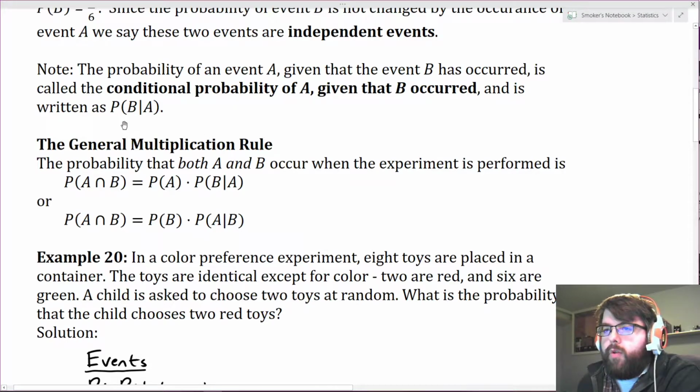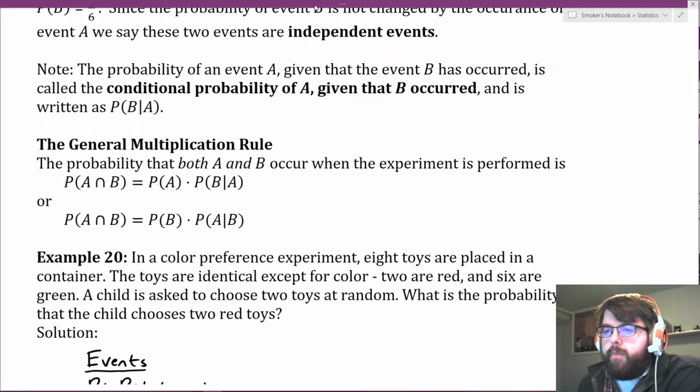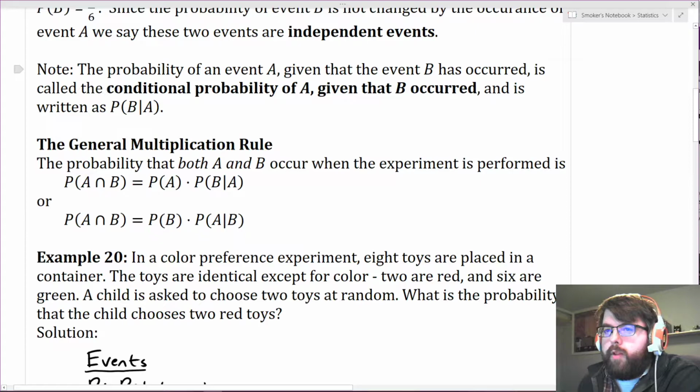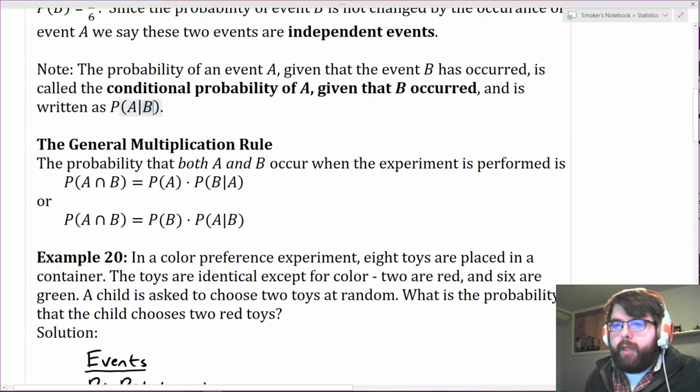So here's the important thing: the probability of B, and we put this vertical bar A. That's wrong. This is called the conditional probability of A given that B occurred. Then this should be A, and this should be B. Let me change that.